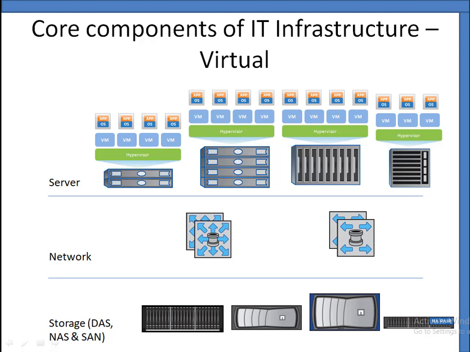This virtualization layer increased the efficiency of the underlying physical hardware. In the last slide you saw that each hardware had the limitation of hosting only one operating system. That limitation was removed by the use of hypervisor technology.